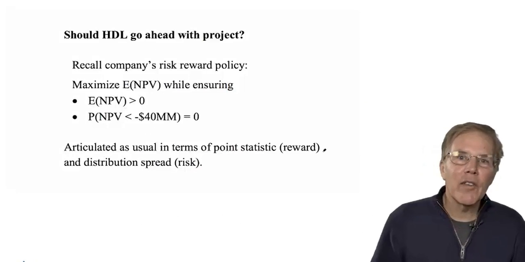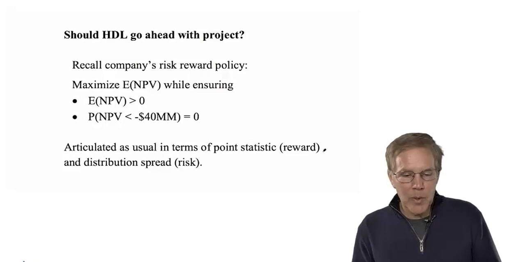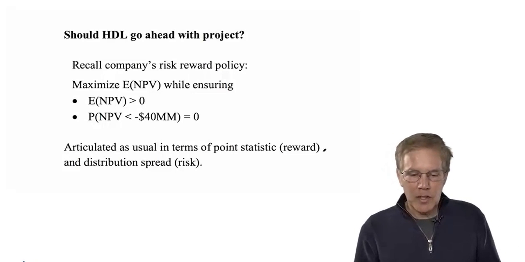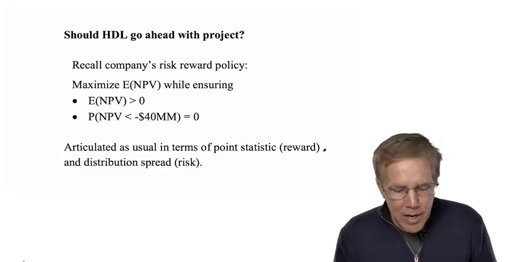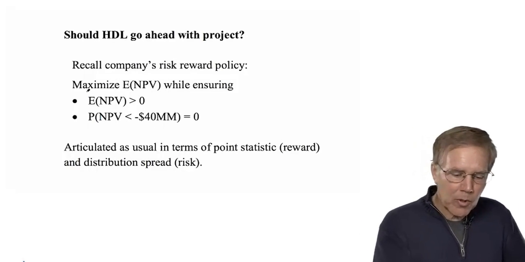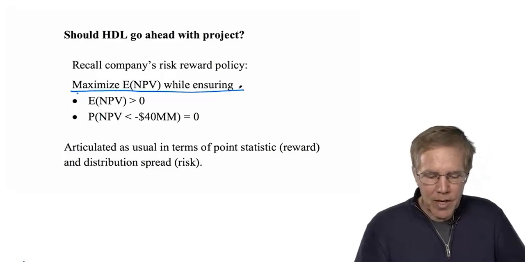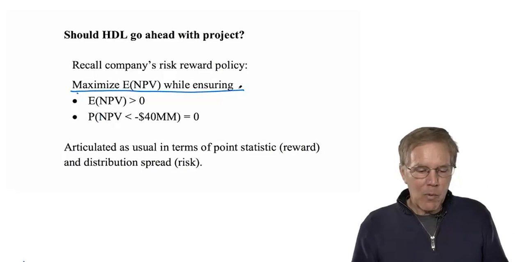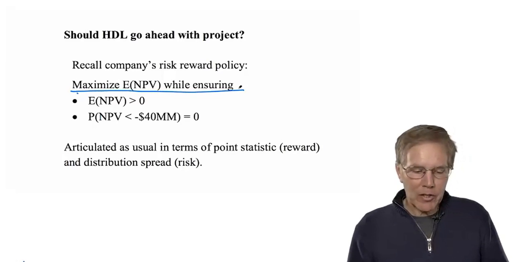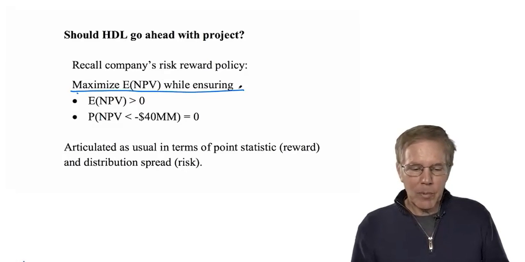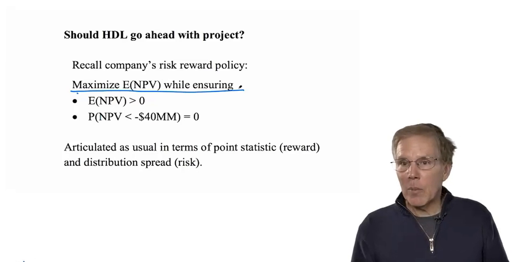Okay, so now we're ready to think about, should HDL go ahead with this project, first project of the year? So how are we going to determine that? We're going to go back to their risk-reward policy. Okay, what's their risk-reward policy? We want it in time value terms now. Of course, in terms of reward, they want to make sure that the expected value is maximized.